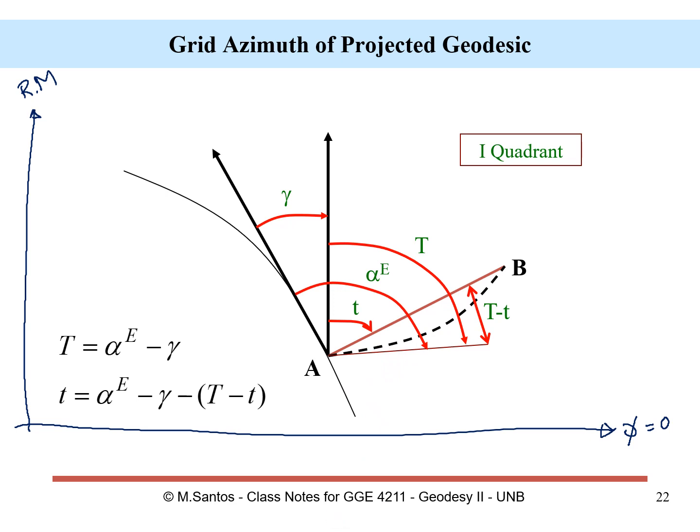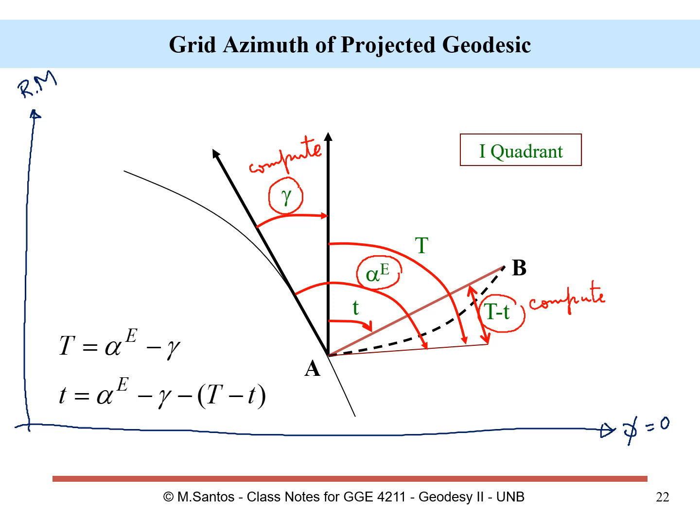So what are we given? We are given this angle, the measured azimuth. Meridian convergence we will compute. The T minus t correction we will compute. We're going to have expressions to compute that.